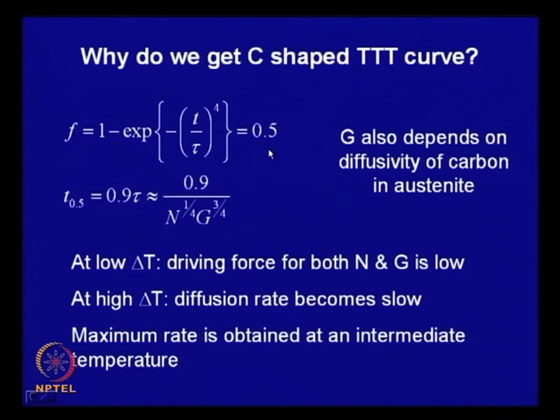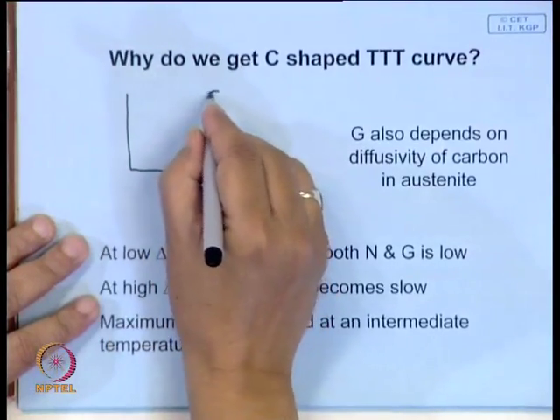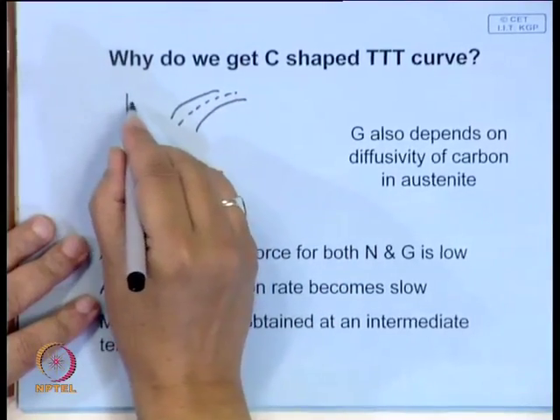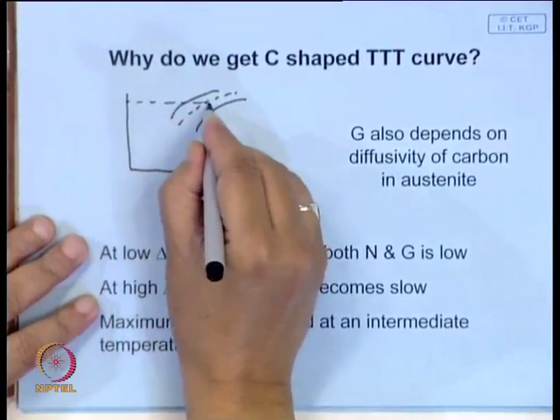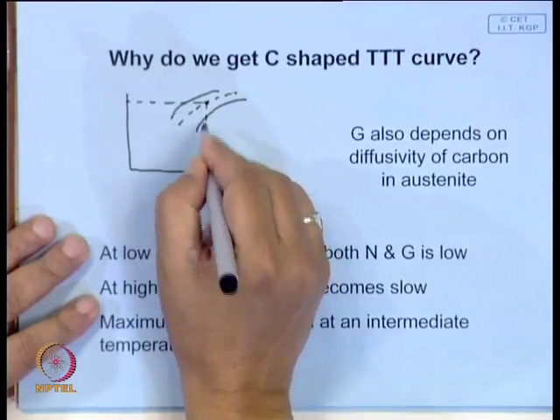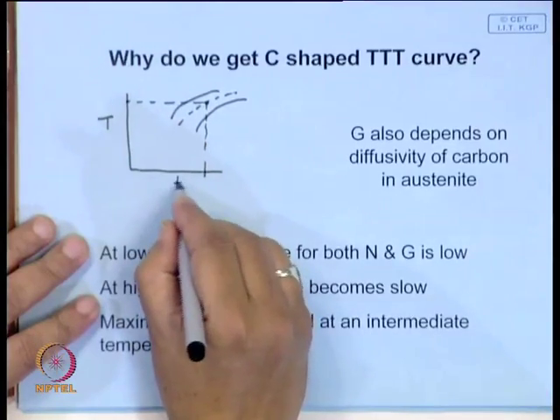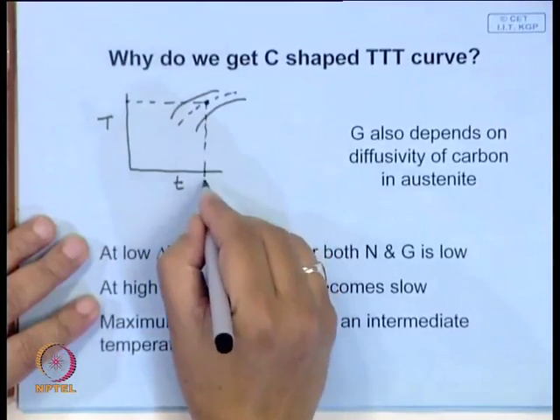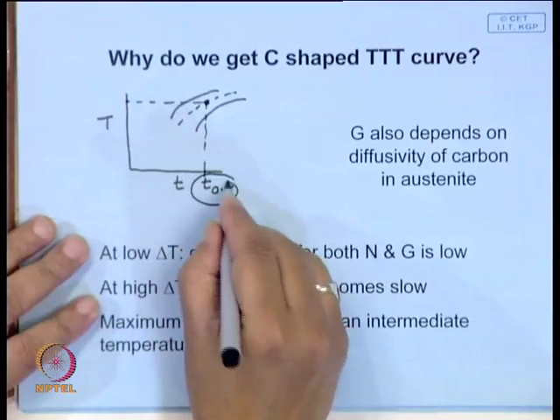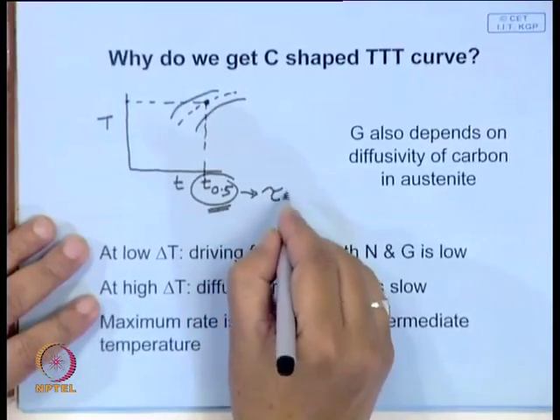When you have this CCT diagram, the continuous cooling transformation diagram, it is often convenient to represent transformation kinetics by this C shaped curve, which represents temperature versus time, and this represents the time for 50% transformation to occur, which can easily be related to the tau.